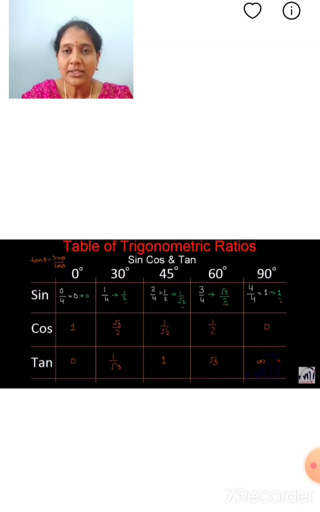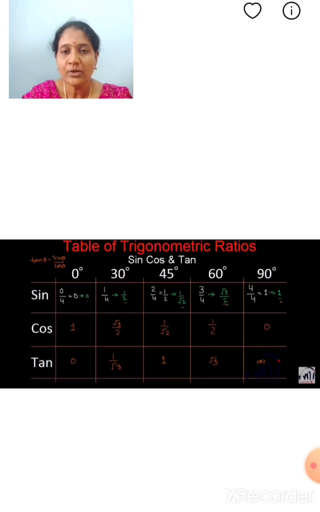No need to learn this by heart, children. You just reverse the angles of sine, you will get the cos angles. What is sin 90 value? 1. So it comes as cos 0. Then sin 60 value comes under cos 30 value. Likewise, sin 45 comes under cos 45. Then sin 30 comes under cos 60.